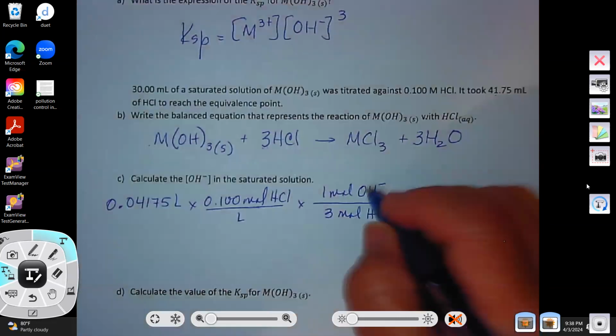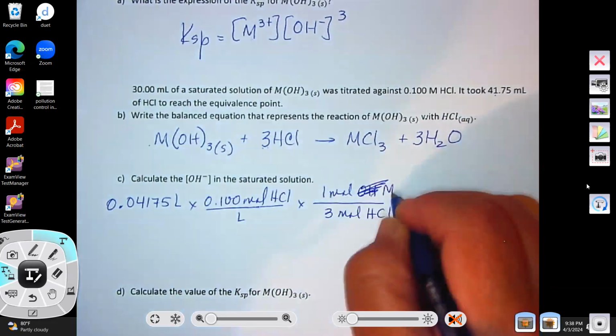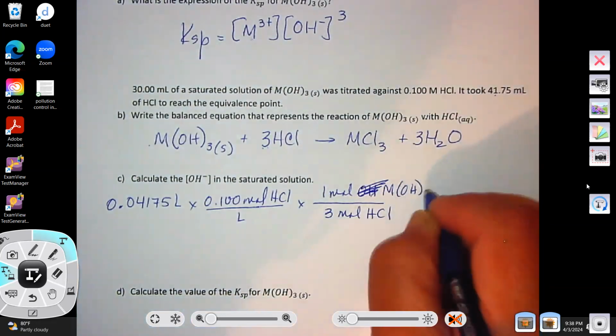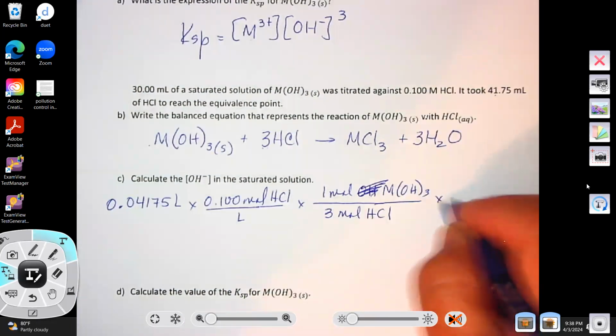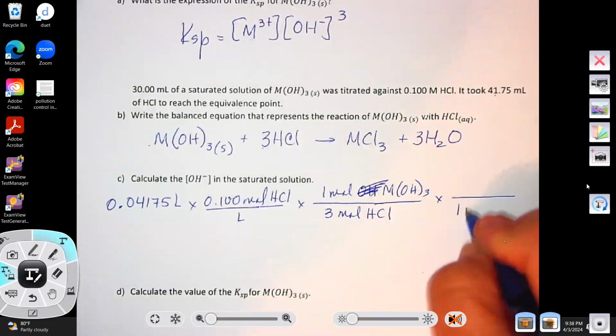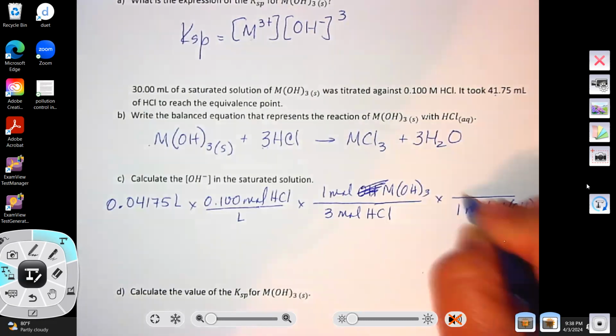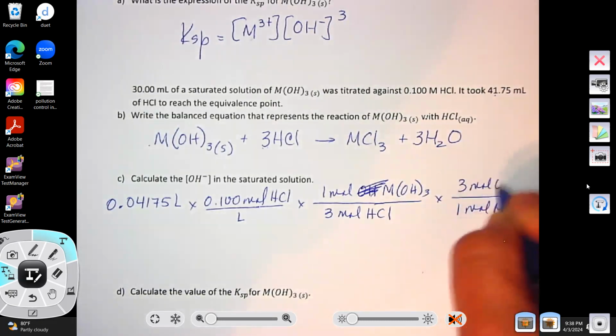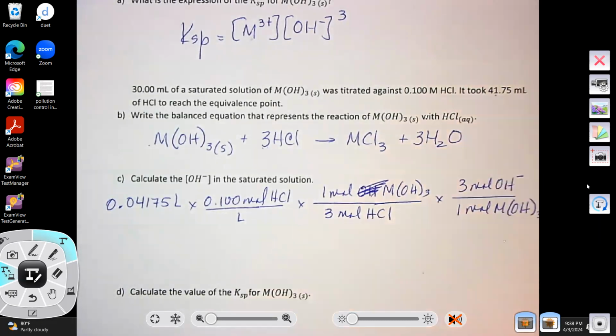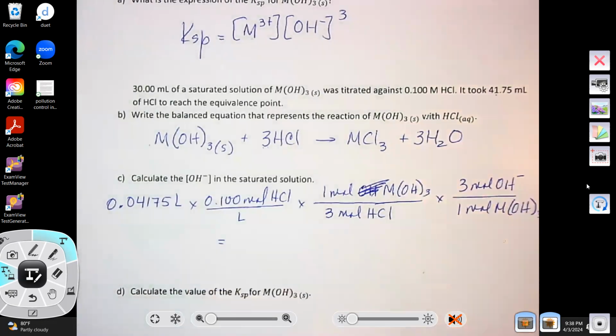I'm sorry, that is 1 mole of MOH3, and then in 1 mole of MOH3, you have 3 moles of OH. So this is going to give you the moles of OH.